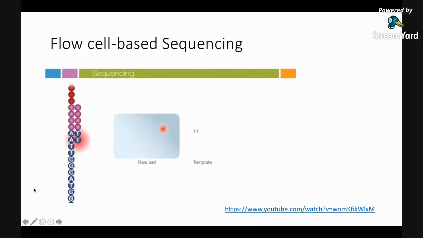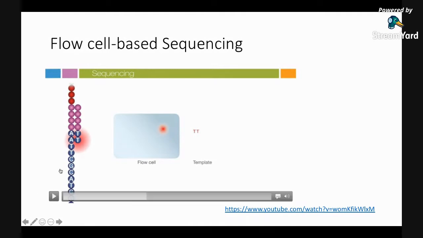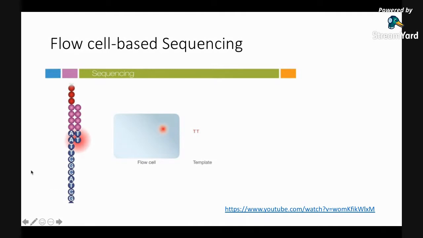So just to explain this a bit more, why clustering is important is because this is not single molecule imaging. If you just have one molecule of cDNA, the signal that it makes is not strong enough to be detected. So instead, you have these clusters, and in each cluster, a single cDNA is captured, which is then amplified millions of times. Yeah, so you get the same sequence amplified a lot.